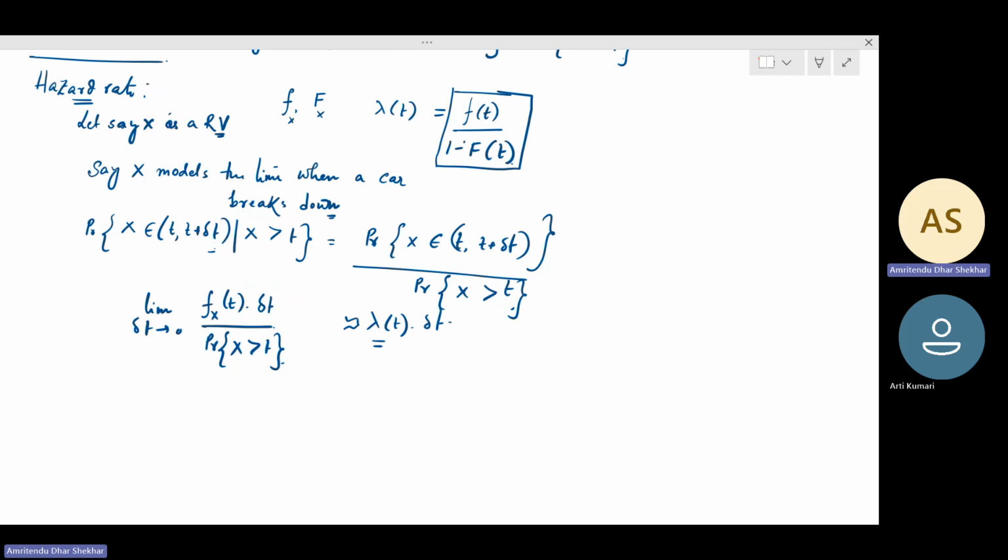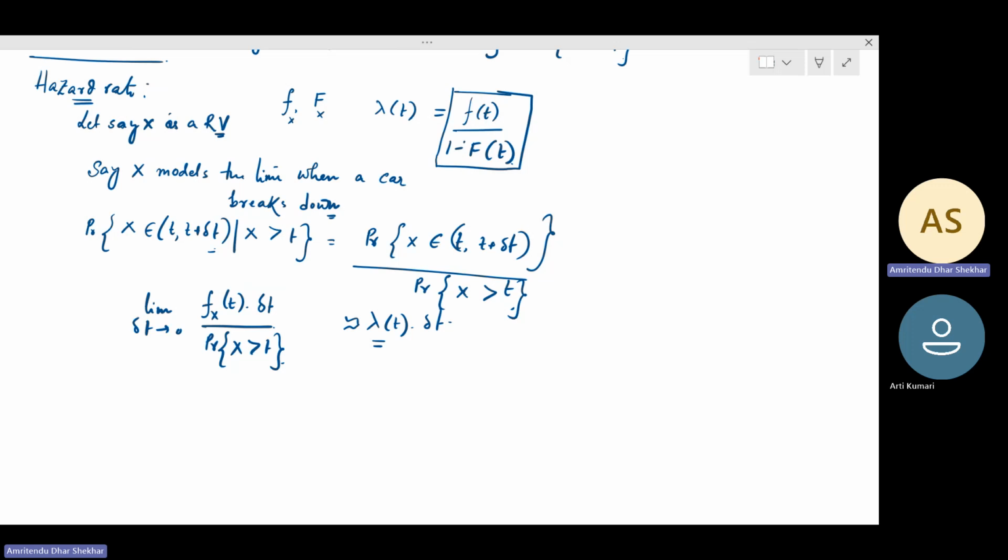It indicates the probability that the car will fail from time t to t plus delta t, given that it has lasted till time t. So it captures the hazard rate.